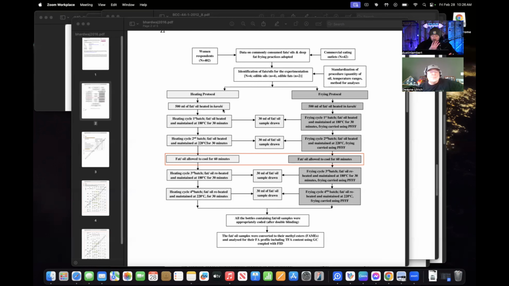It's just one is heating it up in the oven and the other one's frying something in a pan. They put 500 milliliters of fat or oil, heated it to 180 degrees Celsius for 30 minutes, took a 30 milliliter sample, heated up to 220 Celsius for 30 minutes, took a 30 milliliter sample, and then they allowed those fats and oils to cool for 60 minutes. And then they redid that heating process and took their samples.